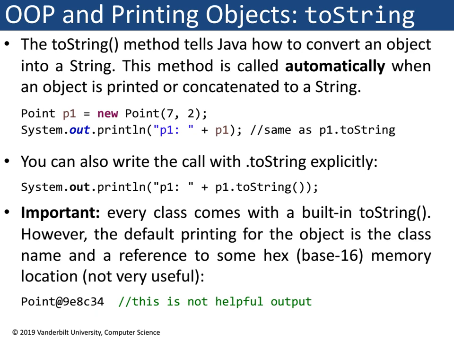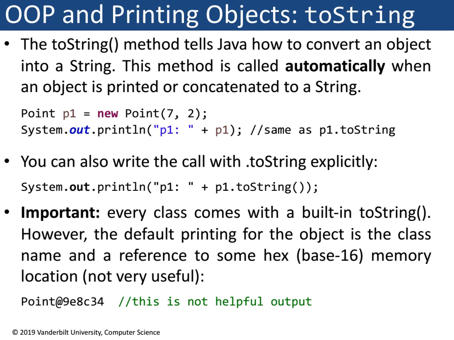And then, by defining our own toString method, we can use a println statement and pass our object as the parameter, and Java will know, oh, what you want me to do is use your toString method to generate a string to represent this object and print it to this print stream. So we would be able to override the built-in default toString method that just prints out the location in memory with a better toString method that prints out something helpful.